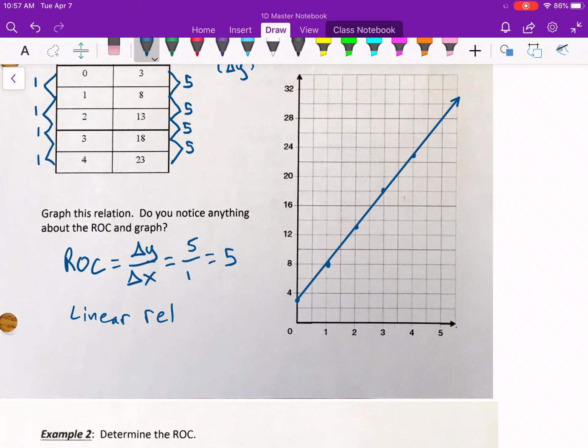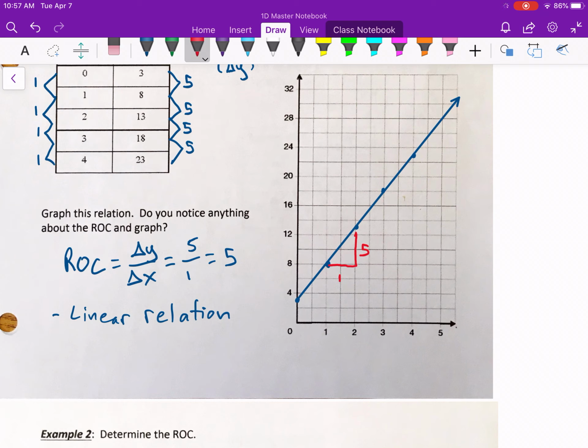It's a straight line, in other words. You might also notice the steepness of 5. If I go from one point to the next, let's say I just randomly start at this point here and then go up, what you'll notice is it goes over by 1 and up by 5.